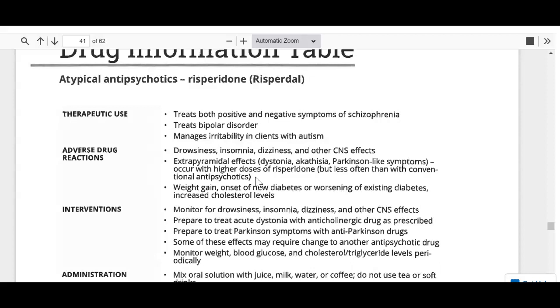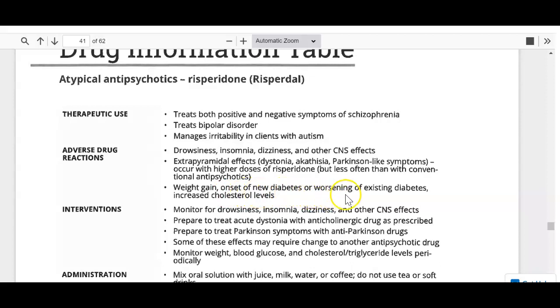And dopamine is what's used to inhibit our muscle movement. When it's completely suppressed, we have overactive muscles. So again, you still see the extrapyramidal effects. You now know how serious they can be, but they're less often seen in the atypicals than in the conventional antipsychotics.